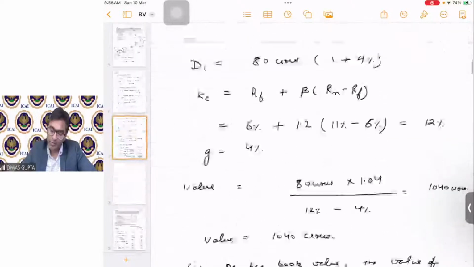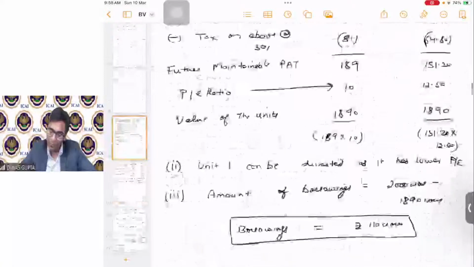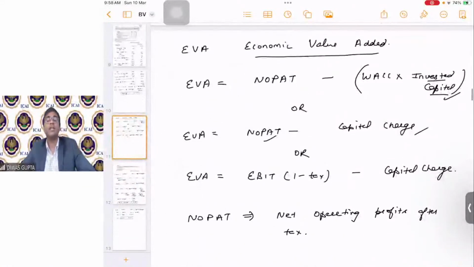And from another concept point of view, we also discussed EVA, which I said is a very important concept from the practical aspect as well. What was EVA? EVA was economic value added, wherein we said how much incremental value the business is able to give us over and above what the expectation of the investors is. By investors, we mean both debt and equity holders. So here we said that we will take NOPAT, which is net operating profit after tax.